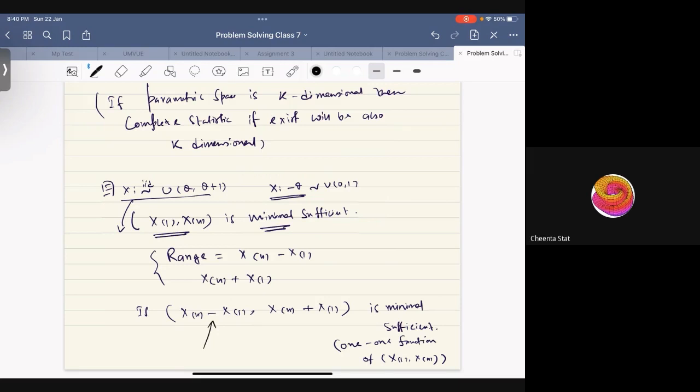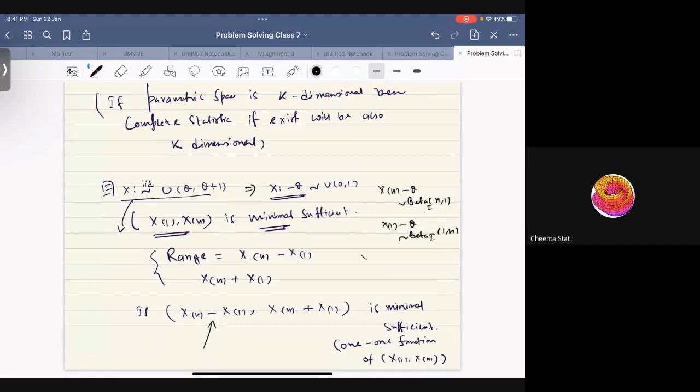From X_i, I can achieve X_i minus theta, uniform (0, 1). Now x order n minus theta is beta first kind (n, 1), and x order 1 minus theta is beta first kind (1, n).